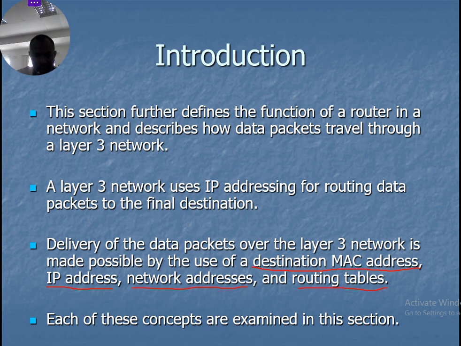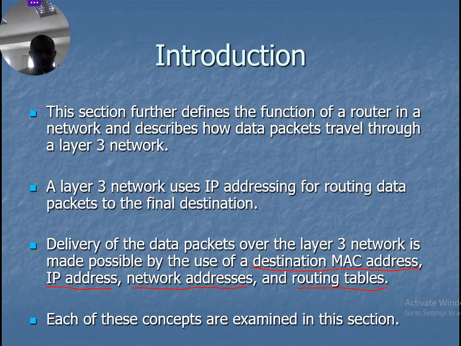Once it is established that the destination is on this network, the router will forward the data packets to that local area network. The ARP, the address resolution protocol of the router, helps to establish the MAC address of the destination. Once that is established, the router forwards the data packets to that MAC address on the LAN.